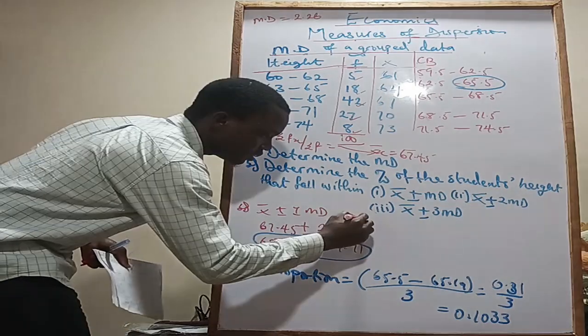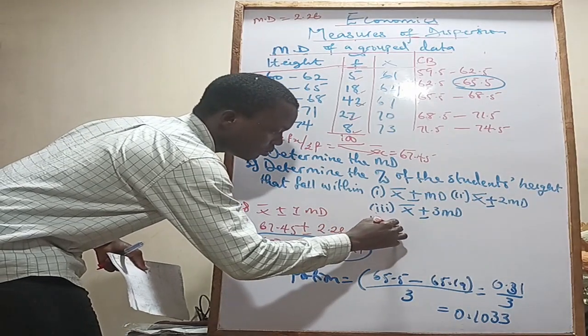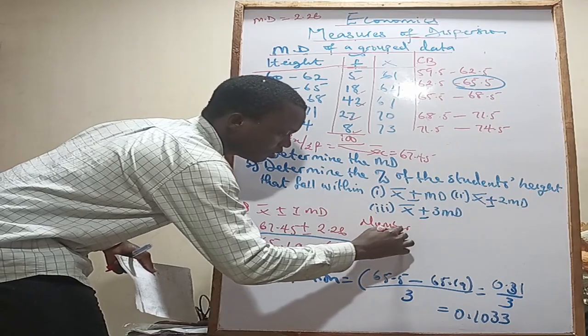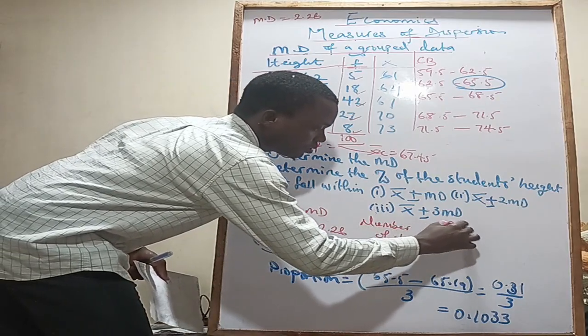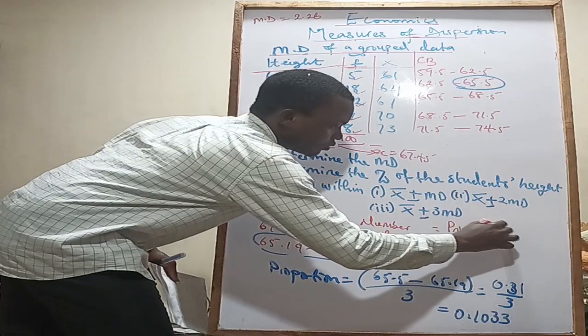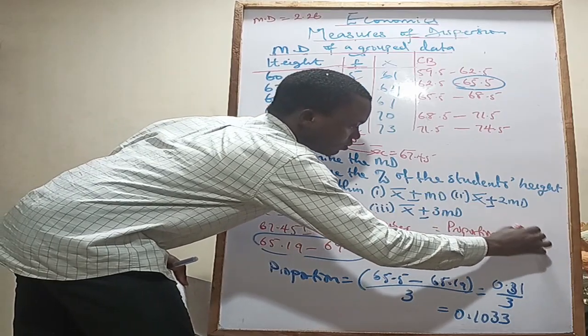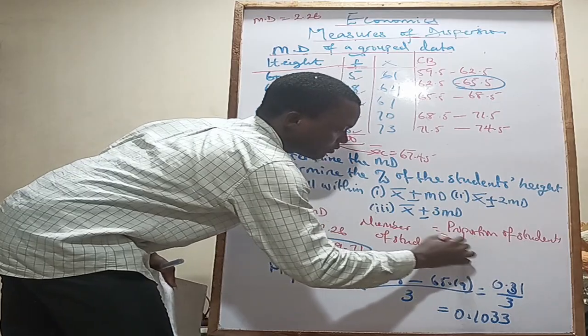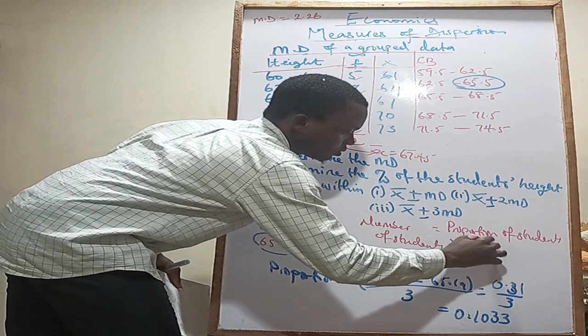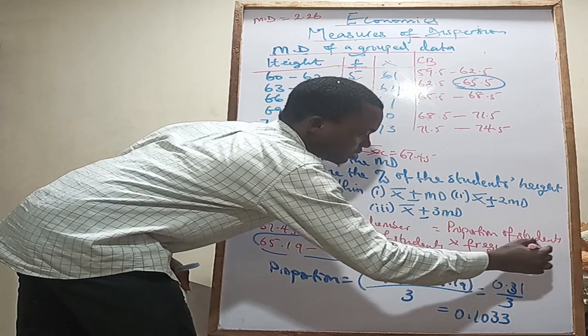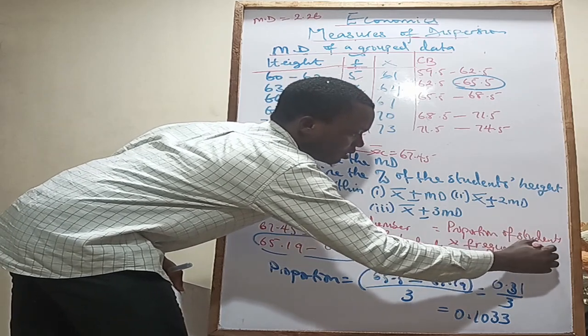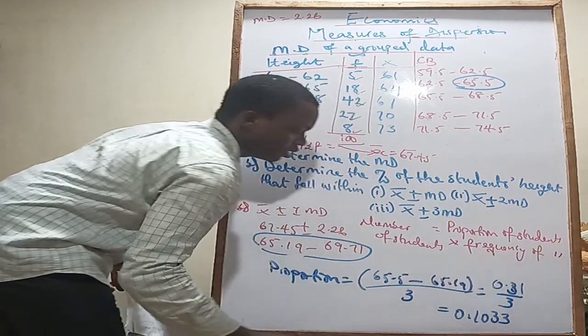So the number of students will then be equal to the proportion of students times the frequency of students' height.